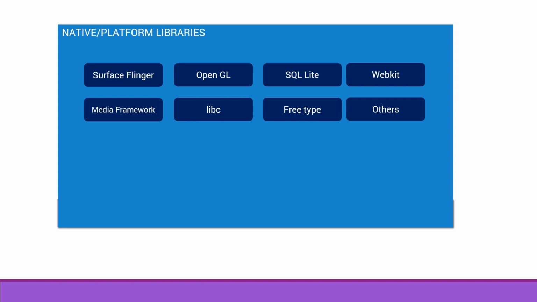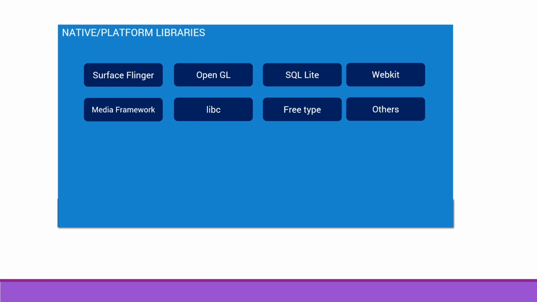Surface Flinger. The Surface Flinger library provides the display management, which is responsible for rendering views on the screen. OpenGL. OpenGL is a library for 2D and 3D graphics support. SQLite. It is a database support for the Android operating system, where the data are stored in tables. WebKit.